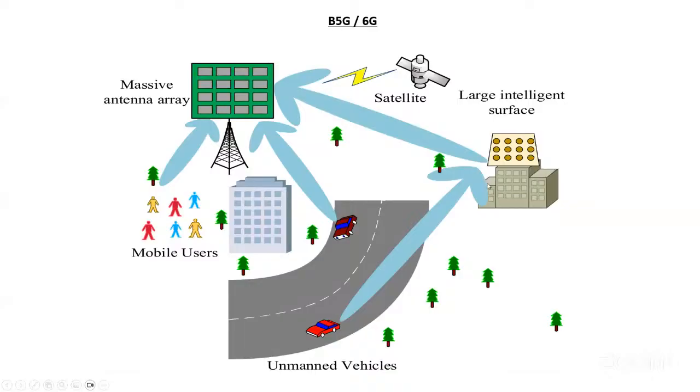Okay, so beyond 5G, 6G. Now we are using 5G technology, and we are expecting the 6G technology also to come into the picture. Of course, it can take a few more years to get it stabilized.